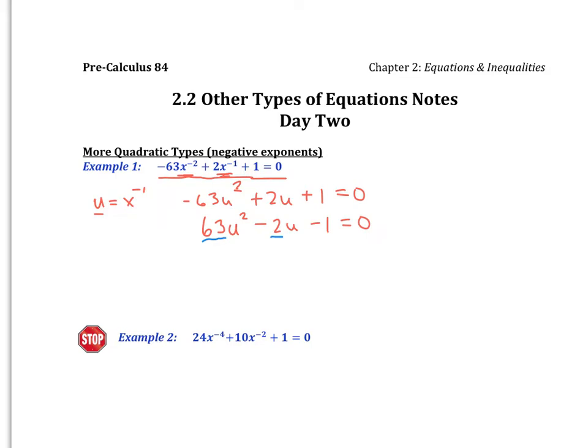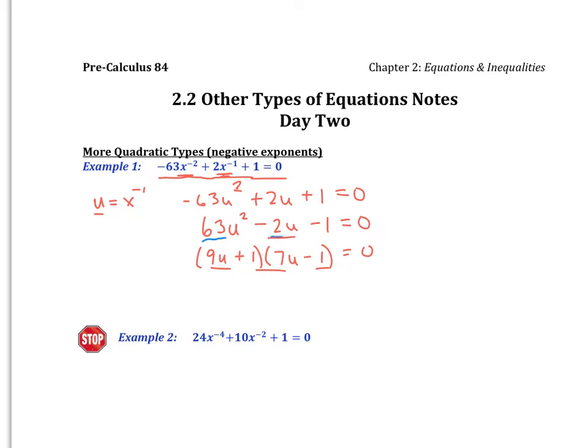And I can come up with 9u plus 1 and 7u minus 1 equals 0. Notice that if I do the 9u times the negative 1, I get negative 9u, and 7u from the outside and inside terms combine to be negative 2u, and 9 times 7 is 63.